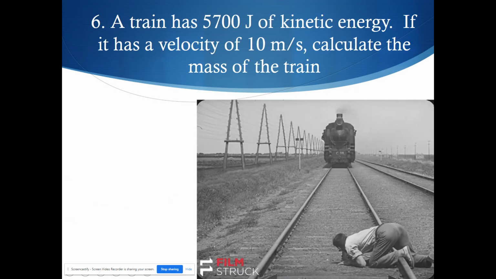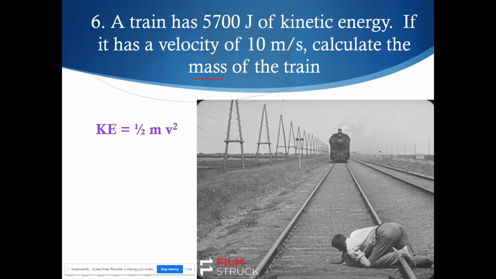Okay, a train traveling down the track with some energy and has a velocity of 10 meters per second. Can we calculate the mass? Now, this is a situation in which we need to manipulate a formula. Because the train is in motion, I'm going to use the formula for kinetic energy.